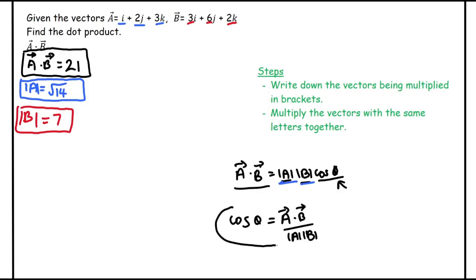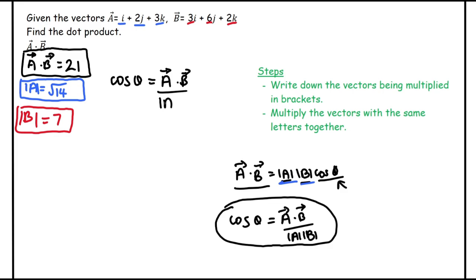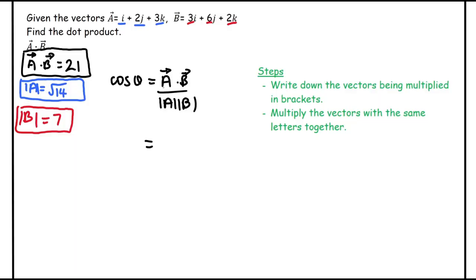Finally, we use this formula to get our angle theta. So cos theta is equal to the dot product of these two divided by the magnitude of A times the magnitude of B. We already got the dot product as 21. This is divided by the magnitude of A, which is square root 14, times the magnitude of B, which is 7. This is equal to cos theta.